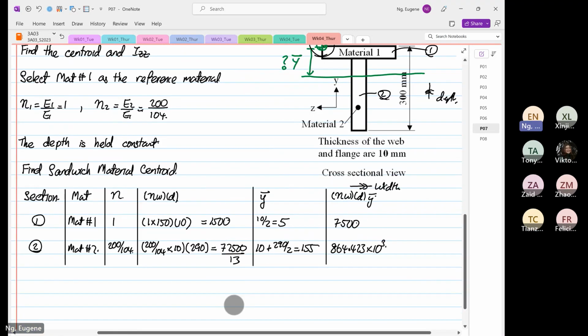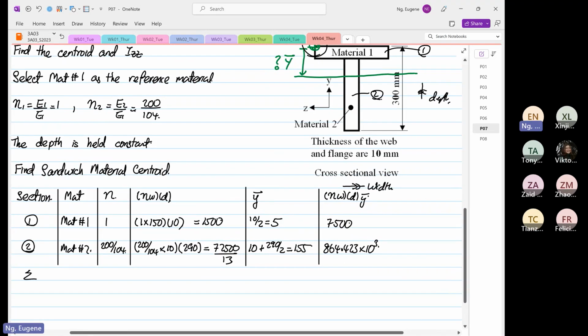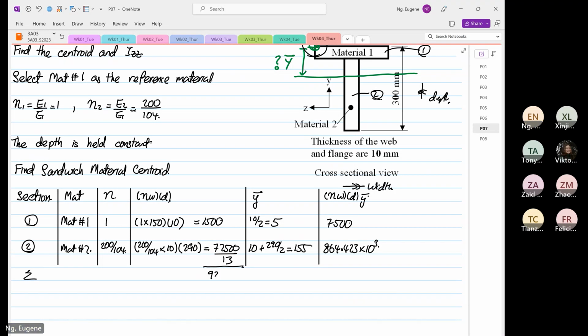Then you do a summation. You add 1500 plus 72500 over 13, you get 92000 over 13, and then this one will be equal to 7500 plus 864.423 times 10 to the power 3. You got 871.923.